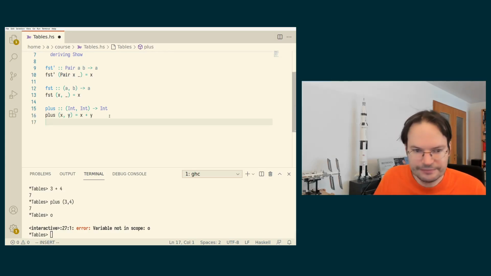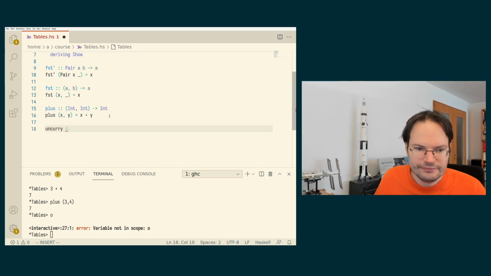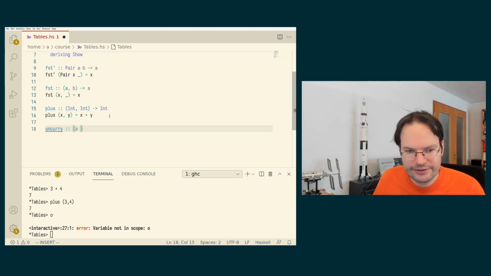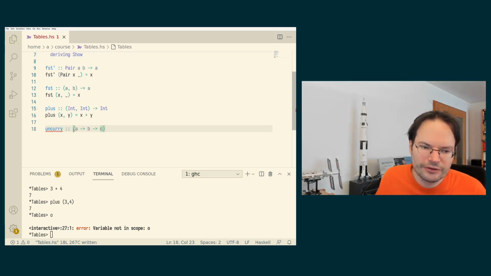Uncurry has the following type. It takes a function that itself expects two arguments in curried form. So the general form of a two-argument function in curried style is a to b to c, right? It takes an argument, it takes another argument, and it has a result.